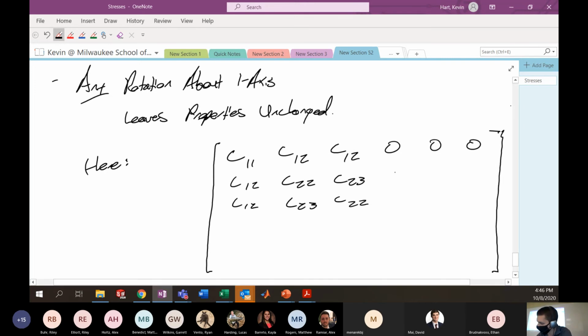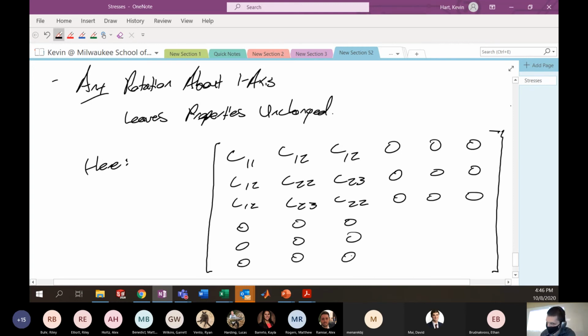Hopefully that makes sense. This one's a little bit strange, and I'll explain this in more detail, probably in a later lecture. The 4-4 entry is C22 minus C23 over 2. Sorry, I'm sort of out of space there.